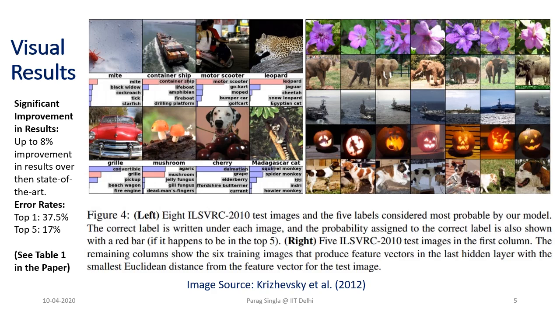So these are very hard tasks, and at least this is 8 years back, and maybe the state of the art has improved quite a bit, but at that point of time, this LXNet model was able to get an error rate of 37.5%, which is 62.5% accuracy for the top one metric, and 17% error rate or 83% accuracy for the top five error rate. Of course, the error rate is lower for top five prediction because it is an easier task.